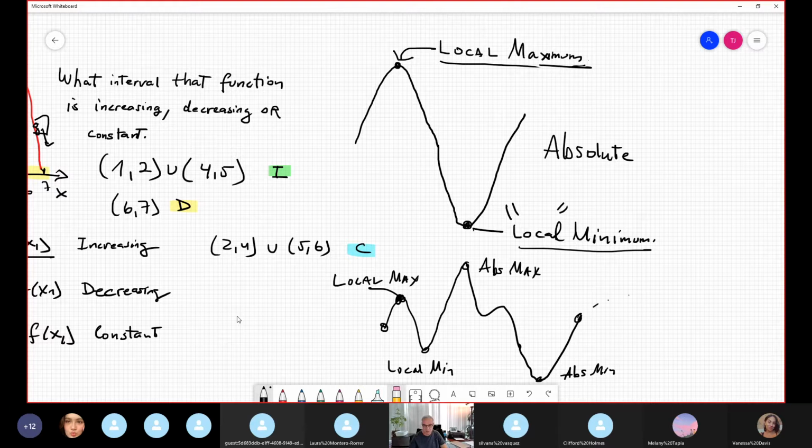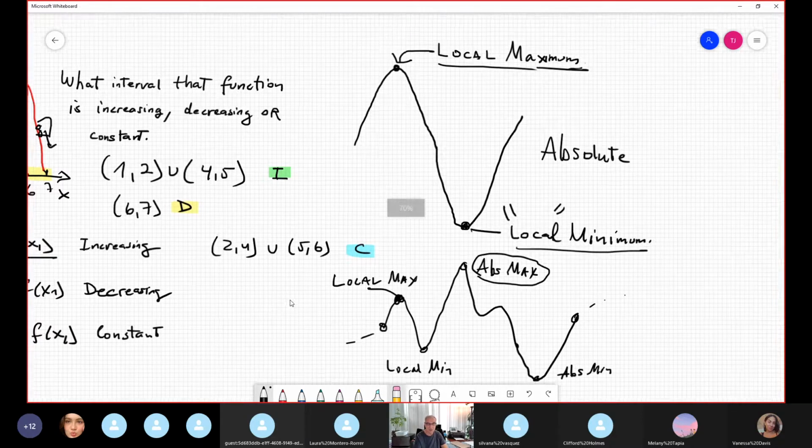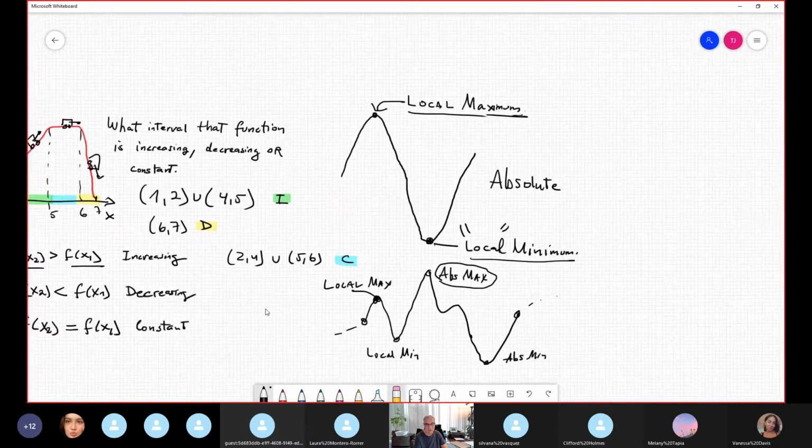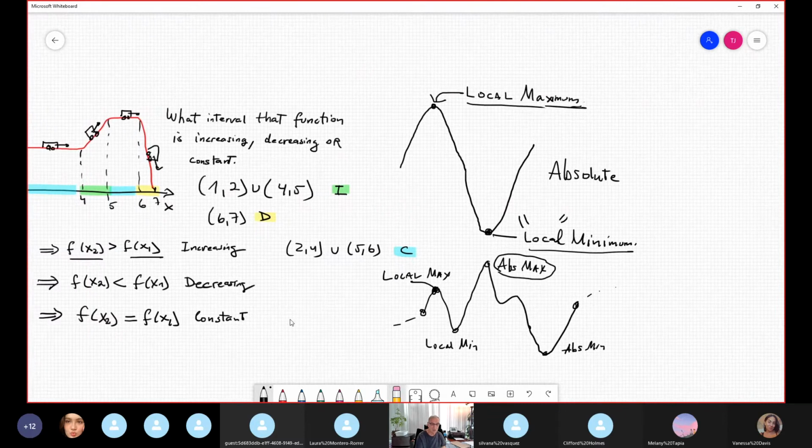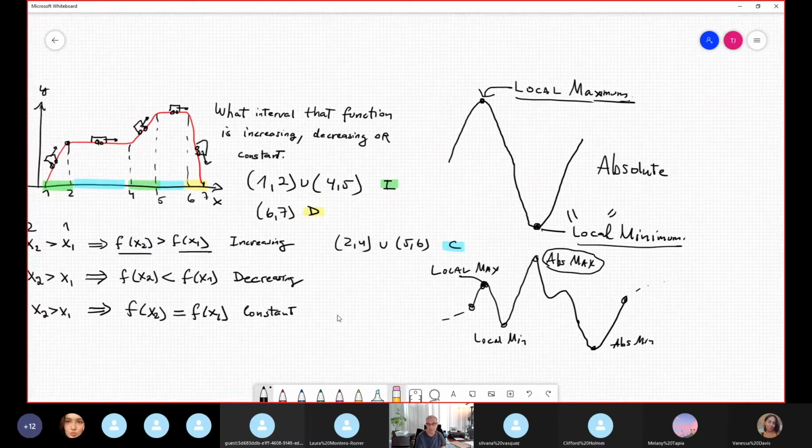I have no more function in this part. If it is from negative infinity to positive infinity, then I cannot affirm 100% that this is absolute. I need to analyze the entire domain, but it's okay. The most important is not the local maximum or local minimum, it is the interval in which the function is increasing or decreasing. So, what is the definition in few words?